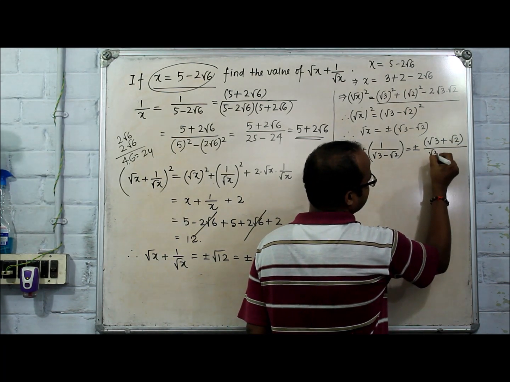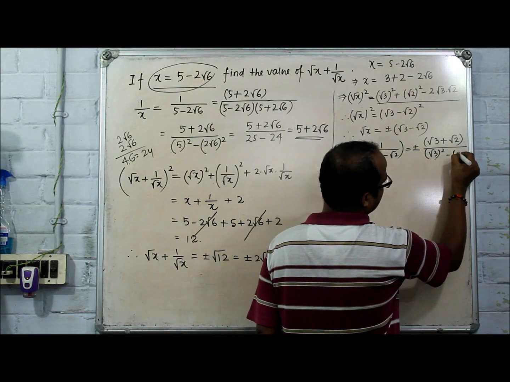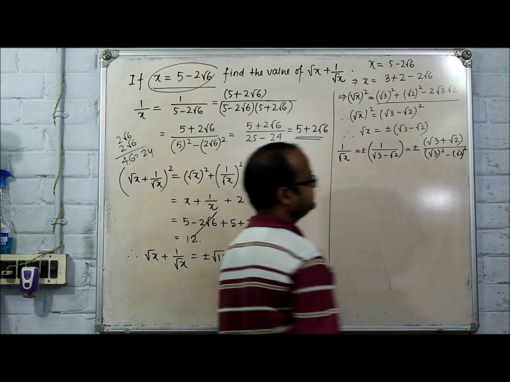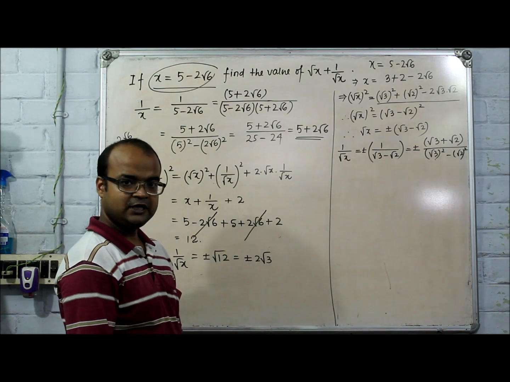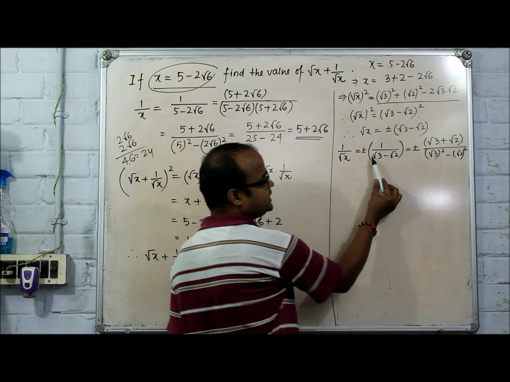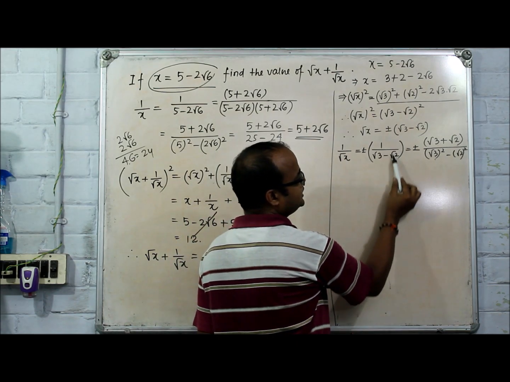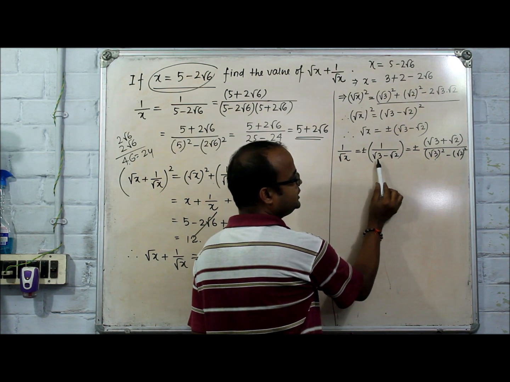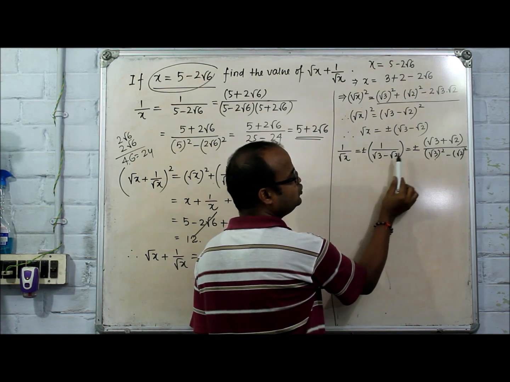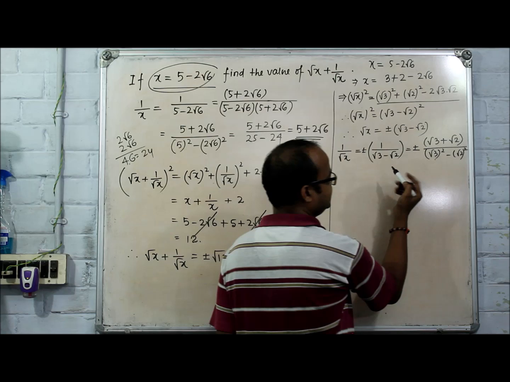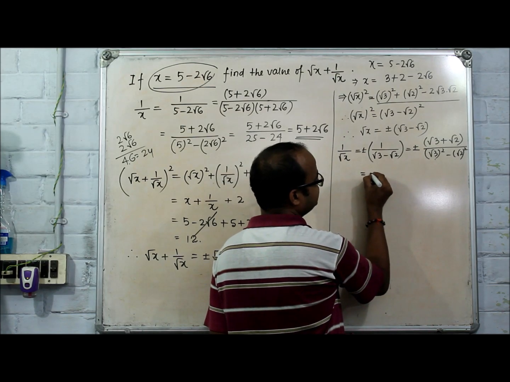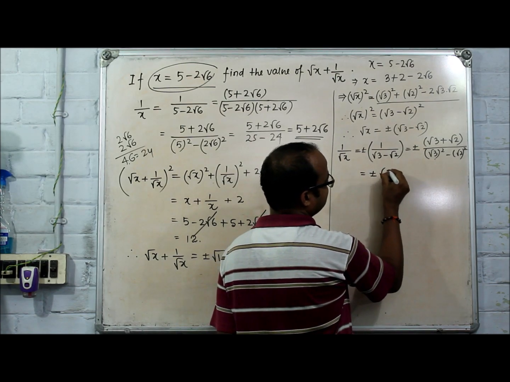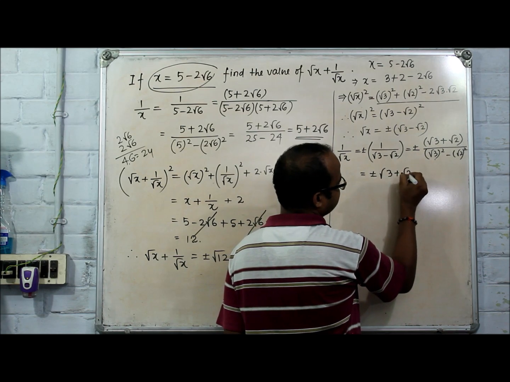So you will get root 3 square minus root 2 square in the denominator. Clear? I am just skipping one step where you can multiply the numerator and denominator by root 3 plus root 2. So in the denominator you are getting root 3 minus root 2, root 3 plus root 2. So a square minus b square. So this is equal to plus minus root 3 plus root 2.